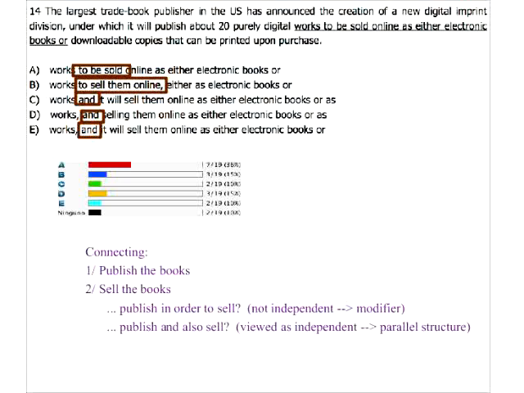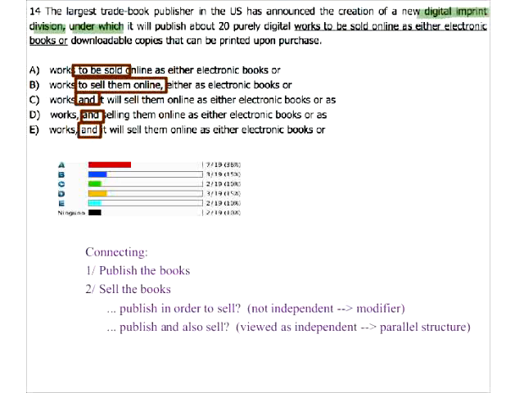Let me tell you, we kind of got to close up shop here pretty soon, so let me clue you guys into this a little bit here. What you want to be looking at here is this. You're talking about a digital imprint division of a company under which these things happen. So it's a digital imprint division.